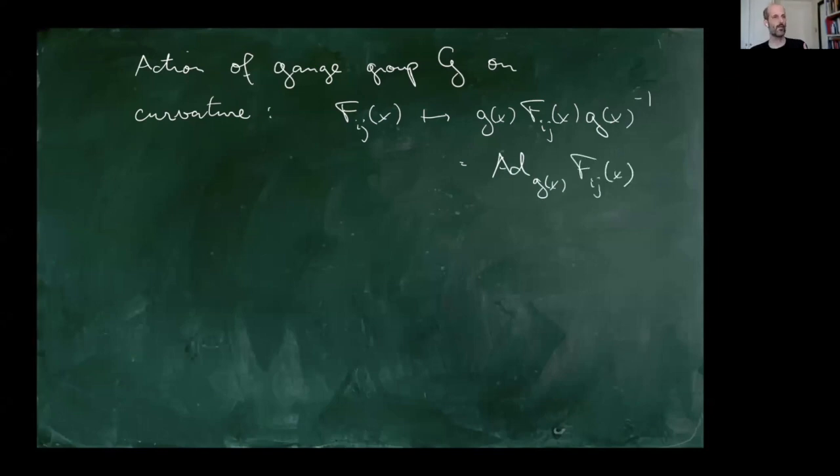So here you don't have this additional term, and that comes from the fact that this F really corresponds to what happens along an infinitesimal loop rather than an infinitesimal line.